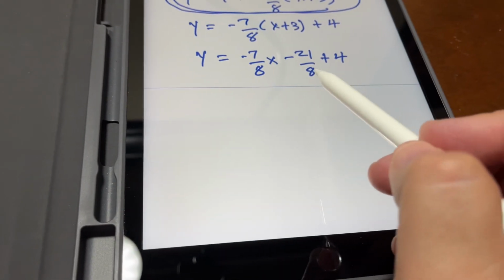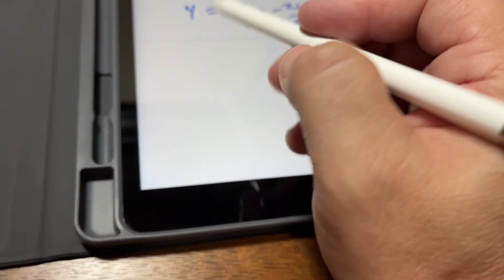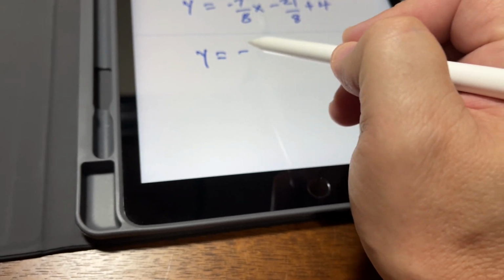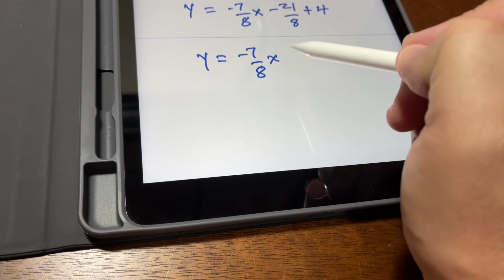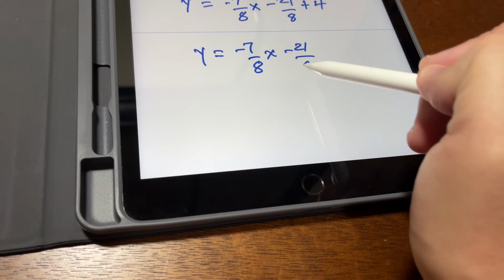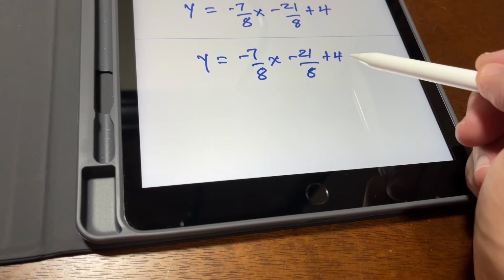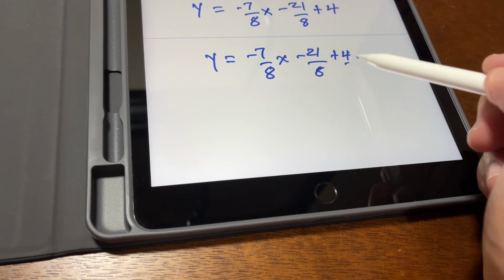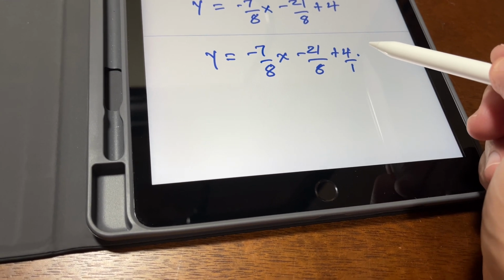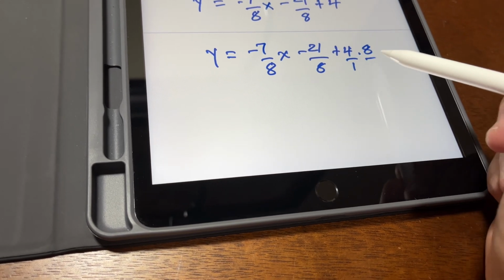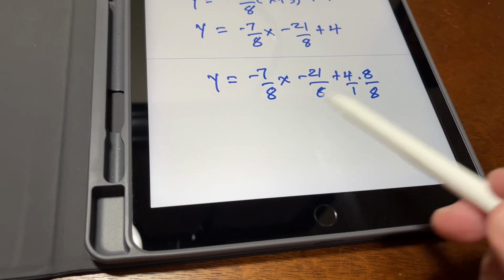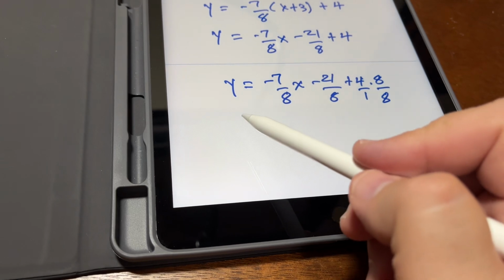So I need to add these together like I did a while ago. So I have negative 21 over 8 plus 4. And again, think of this as 4 over 1. I'm going to multiply by 8 over 8 because I need a common denominator there.